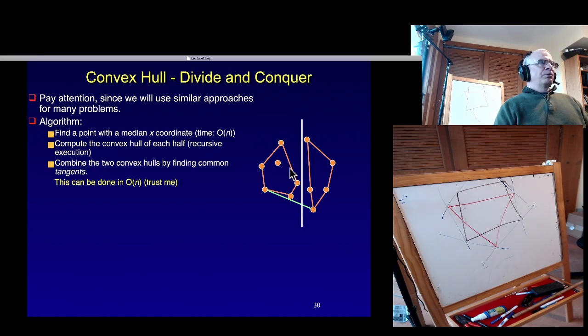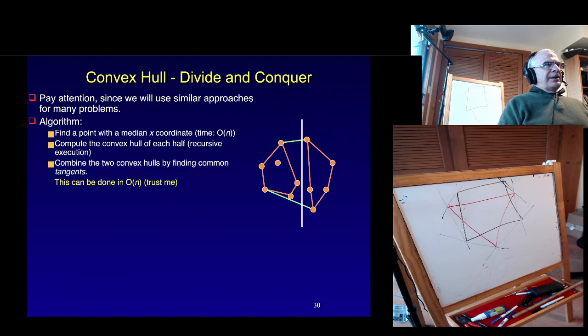And we care about the common tangents that have the two polygons on the same side. Why? Because once I know what the common tangents are, I know exactly what the convex hull of the big shape of all the points is.